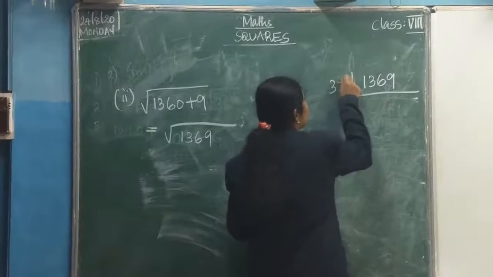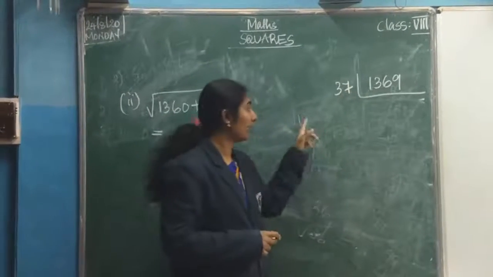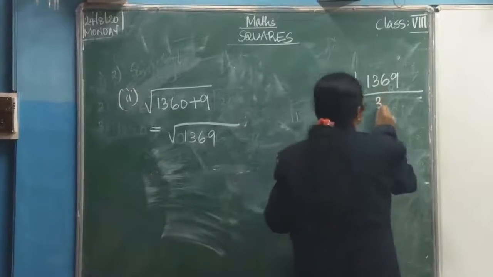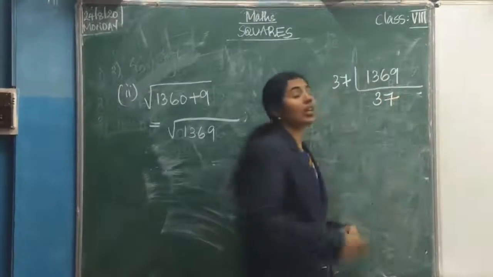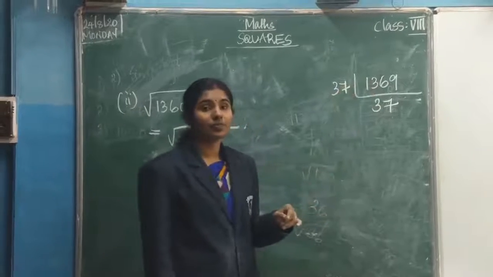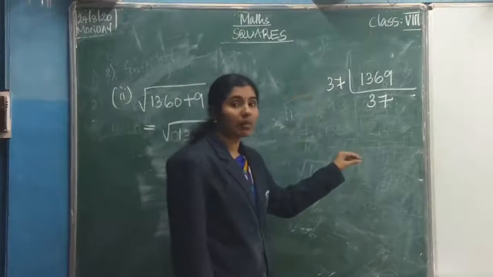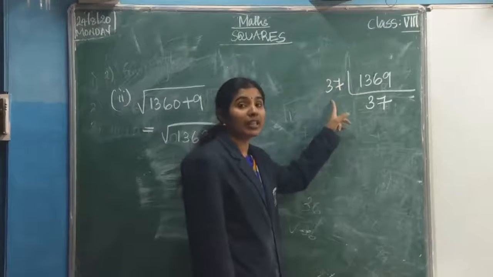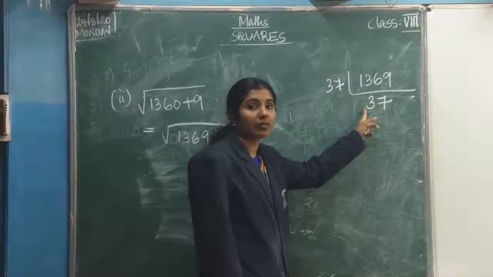That is 37. If you have any doubt, divide this number by 37. You will get 37. 37 is a prime number.